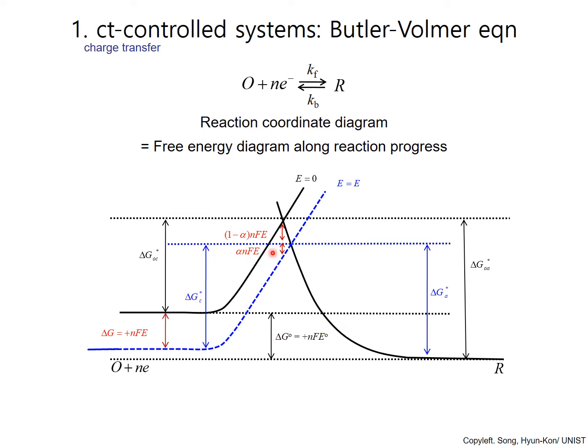And then you should say the other length is 1 minus alpha NFE, because the summation of those two lengths should be NFE. Then alpha is the so-called transfer coefficient. You will learn about that later. Right now we have this kind of geometry in this reaction coordinate diagram.